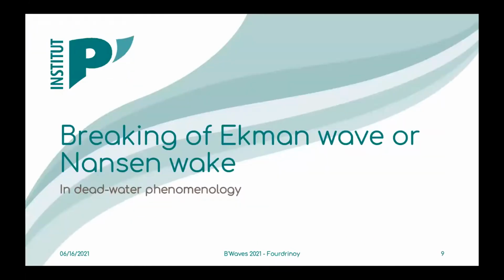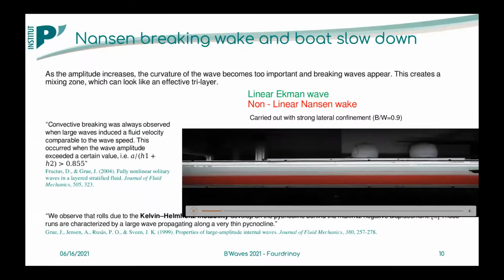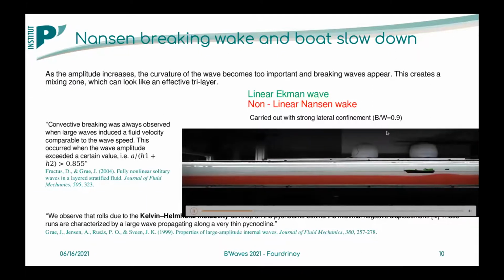Increasing the wave amplitudes will introduce nonlinear effects that can go up to breaking waves. These internal breaking waves will modify the behavior of the boat and also introduce new hydraulic or wave structures. In this video, the experiment was carried out in a very narrow canal with a beam width ratio equal to 0.9.